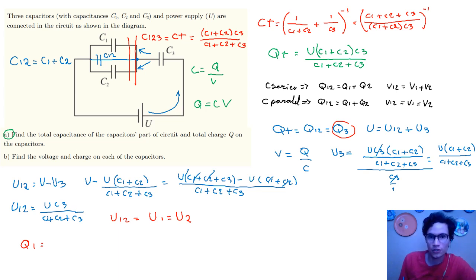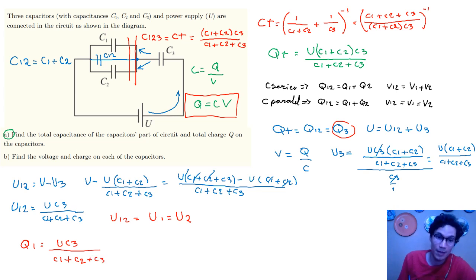And for the charge, we already used the formula: the capacitance times the voltage. So this will be basically the voltage U C3 over C1 plus C2 plus C3 times the capacitance.